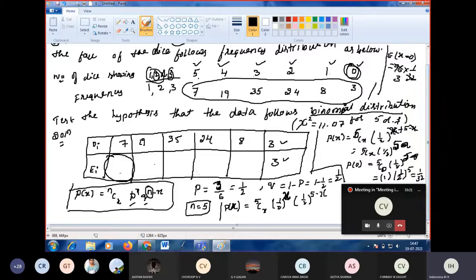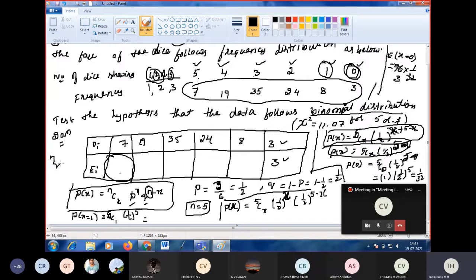So next we have to find the probability of x equal to 1. Here you substitute. Bases are same, add the powers. 5C1, n is 5, 1 by 2 power 5, it is fixed. So what is NC1?